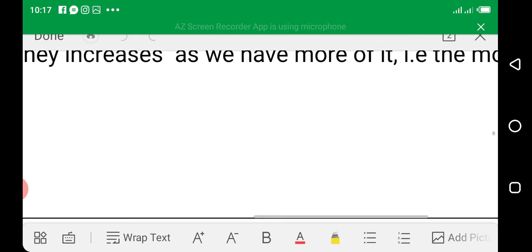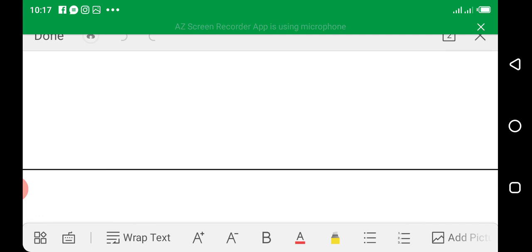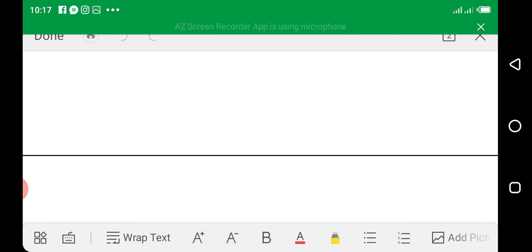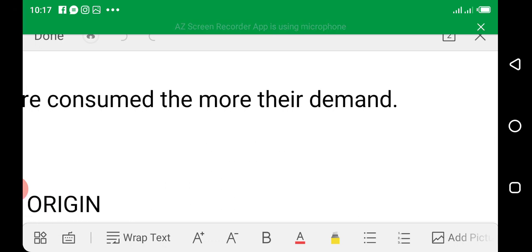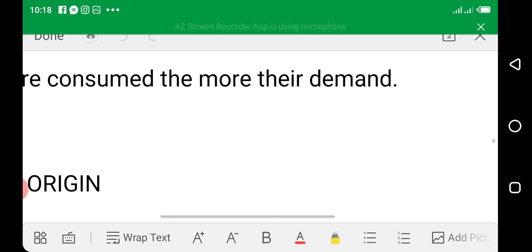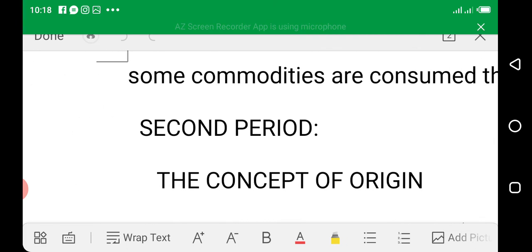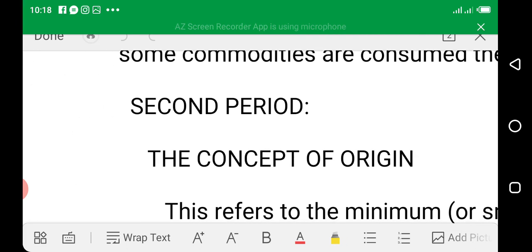The more some commodities are consumed, the more they are demanded, because people can never be tired of having money. It's just a matter of human nature that they will always want more when it comes to money.